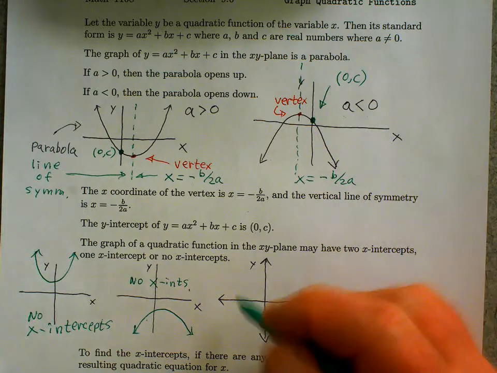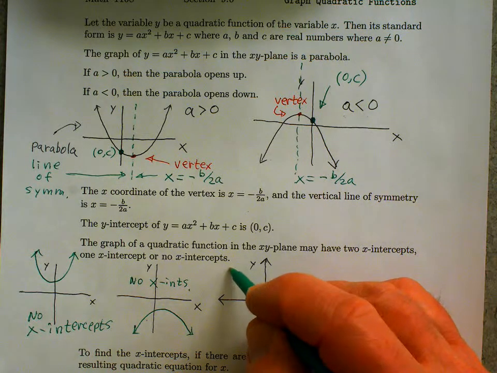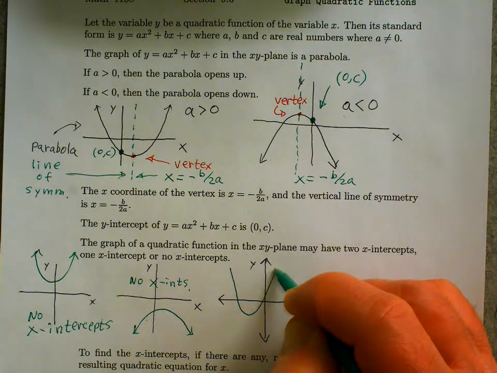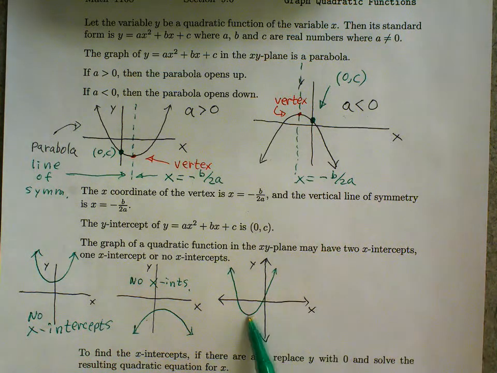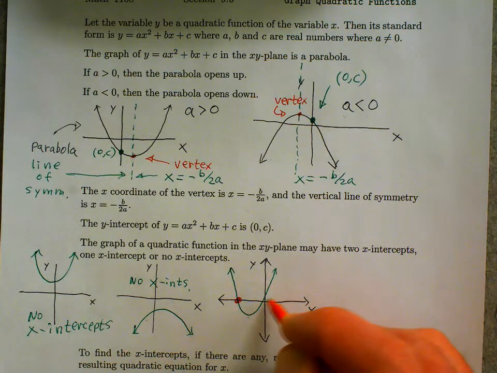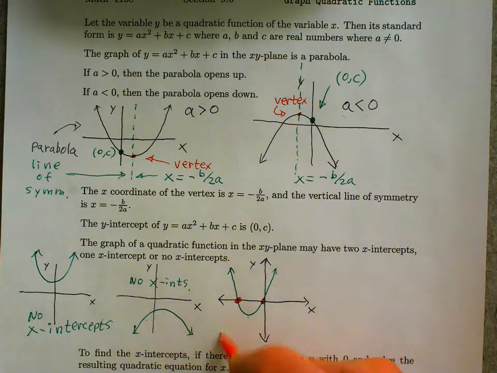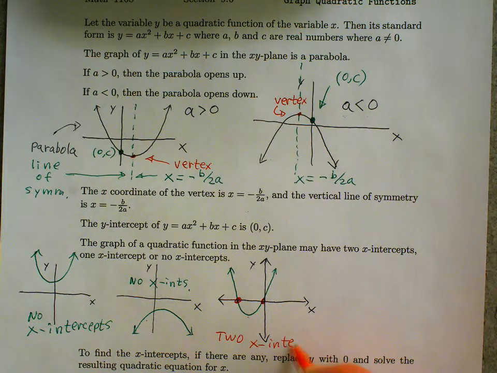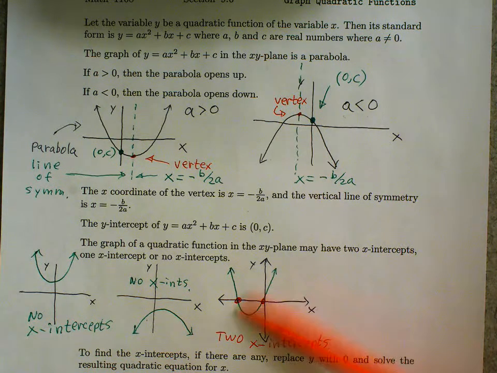If the parabola opens up and the vertex is below the x-axis, then it has two x-intercepts. And also if you have a parabola that opens down, and if the vertex is above the x-axis, that will also have two x-intercepts.